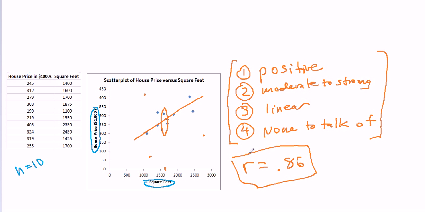But I want to go further than these points. I want to summarize this relationship between the square footage and the house price with a line. I already had this intuition to draw this line, and it came from my gut, if you remember.